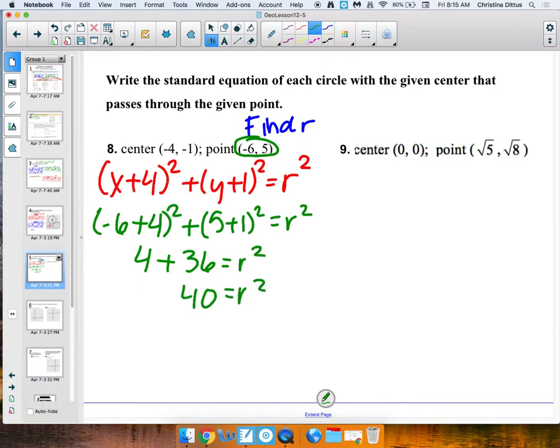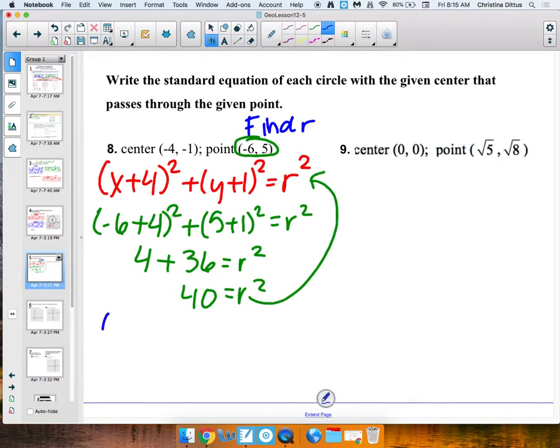Question, thinking about how my equation is set up, do I need to find R? You say no? R squared is what goes in your formula. You can find R, we're just going to square it again. So you can stop at R squared. Going back up to this equation, we're just going to plug this in here.